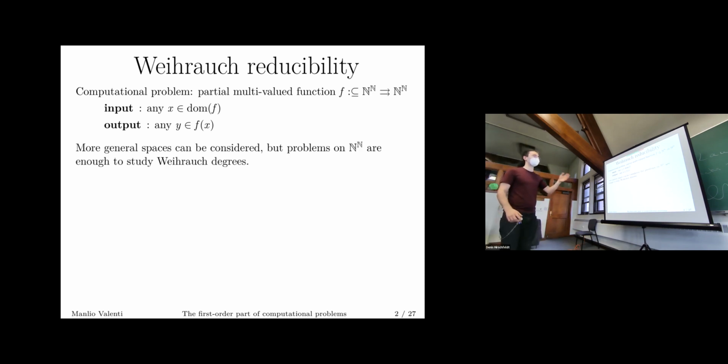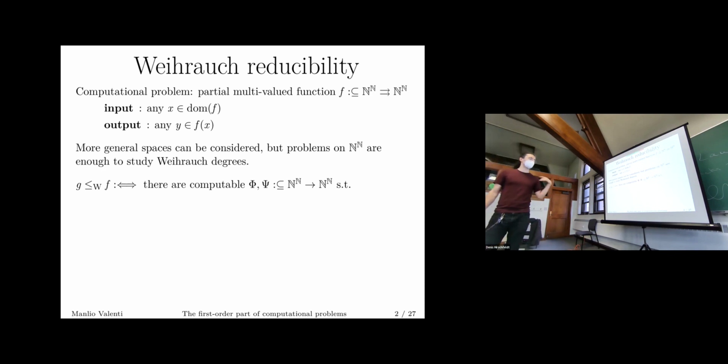Again, if you're familiar with this, you know that you can talk about functions on more general spaces, on represented spaces. However, if you only care about the structure of the degrees, then talking about functions on the bare space is actually enough. And we will not really deal with represented spaces except for a few minor comments, but we can just glimpse over them.